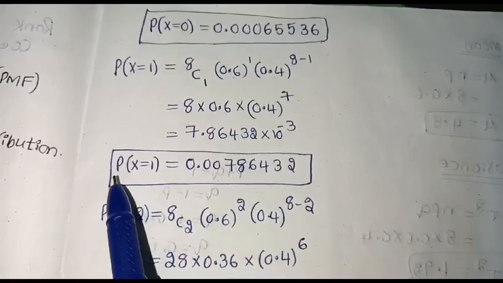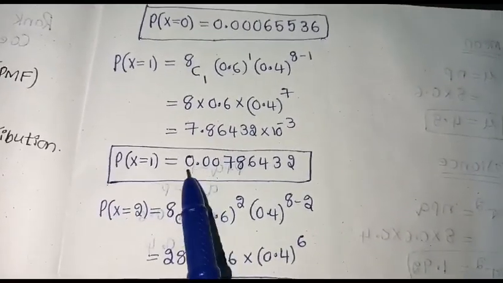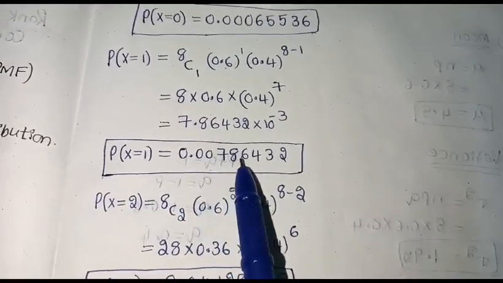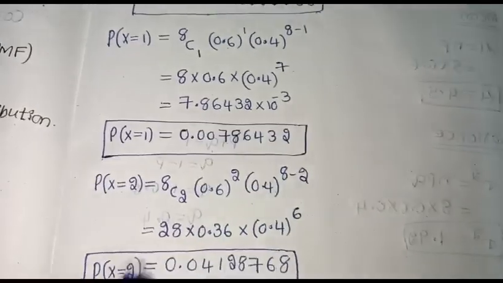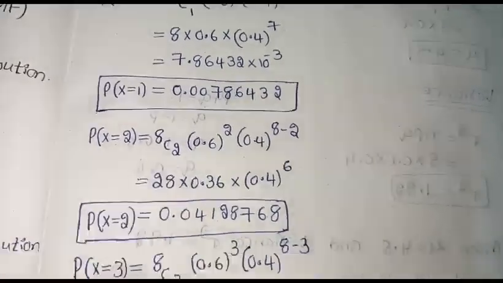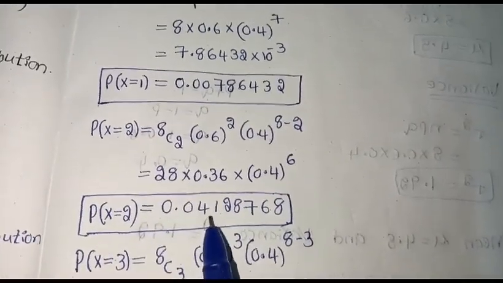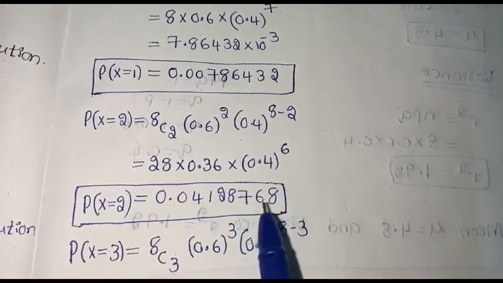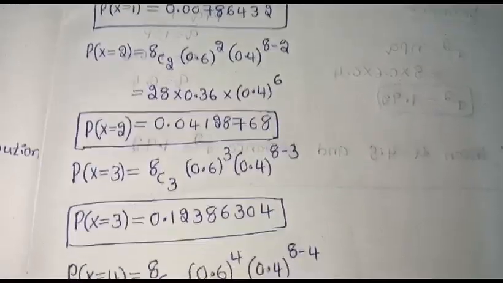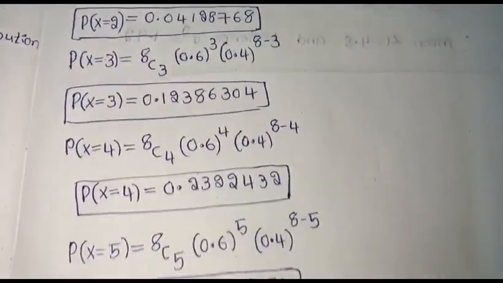By solving this, we get P(X = 1) is equal to 0.00786432. Similarly, we solve every term. P(X = 2) is 0.04128768. We calculate every element, which are shown here.